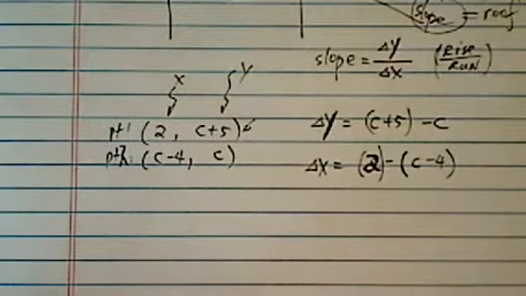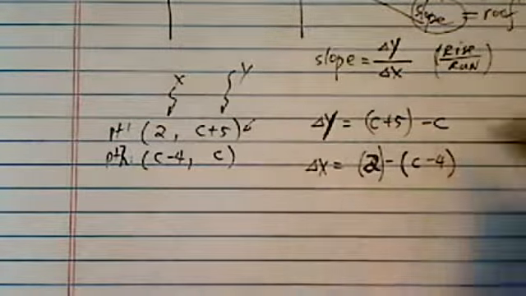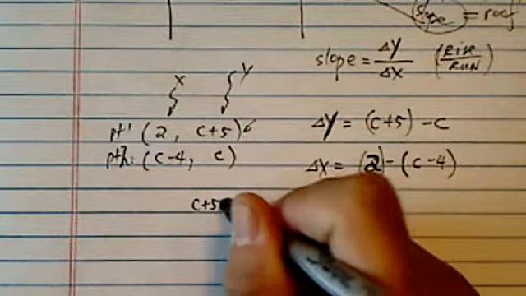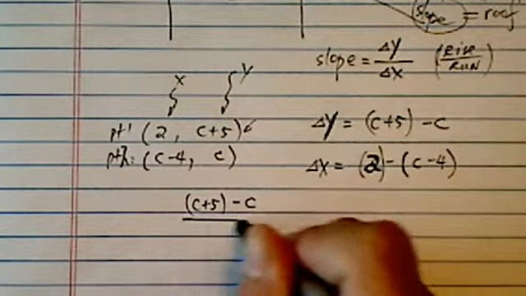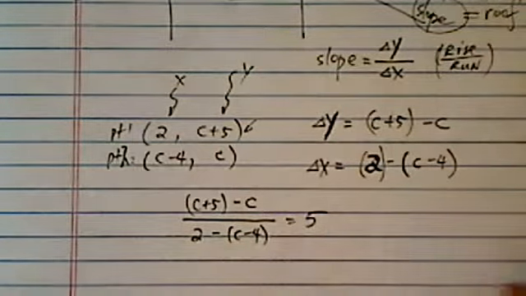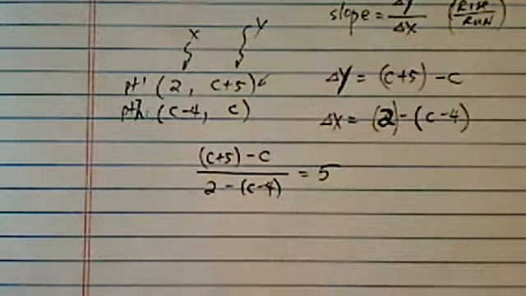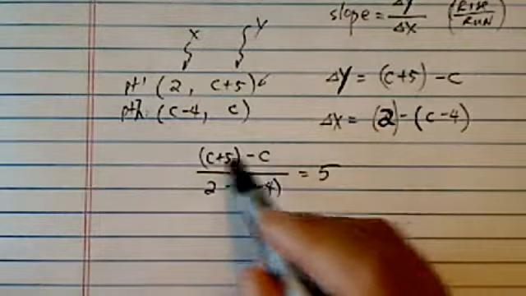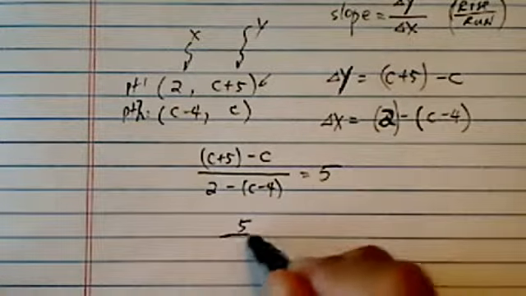And you were given another clue in this problem: (c + 5 minus c) divided by (2 minus (c minus 4)) is equal to 5. So basically they're saying, all right, now you've got the equation using the definition of slope. Can you solve for c? It shouldn't be too hard. Just be careful here. c cancels out. I have a 5 on top.